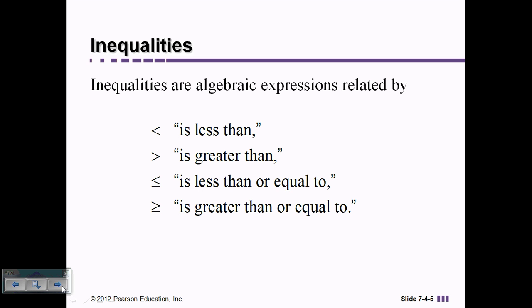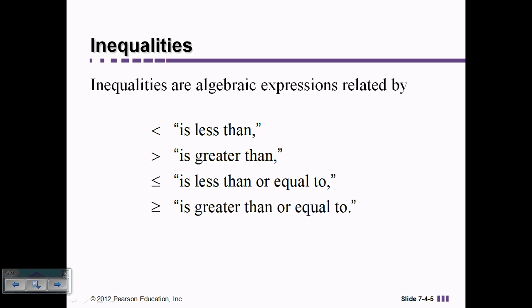Okay, so some of the different inequalities that you need to be familiar with are less than, greater than, less than or equal to, greater than or equal to. Now the rule I'll always give you is, as long as the variable is on the left-hand side of the inequality, then you can use the arrows to represent which direction you're going.